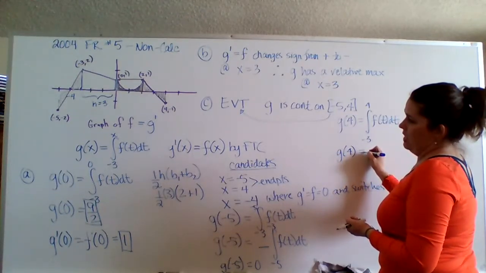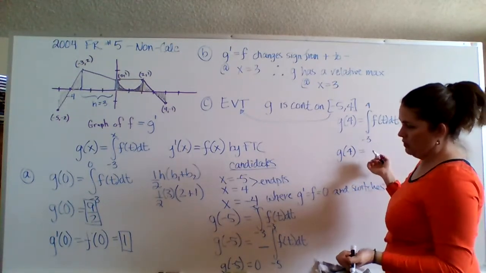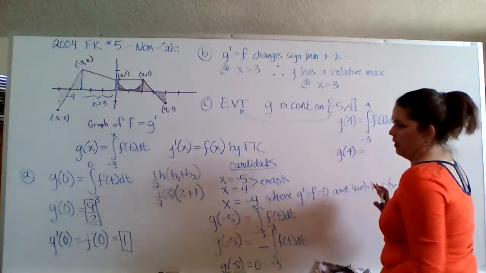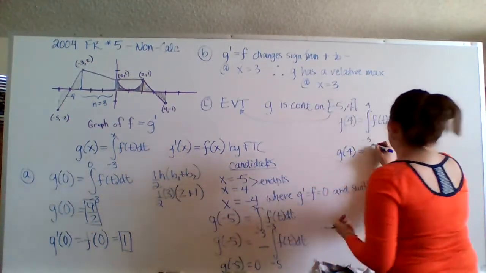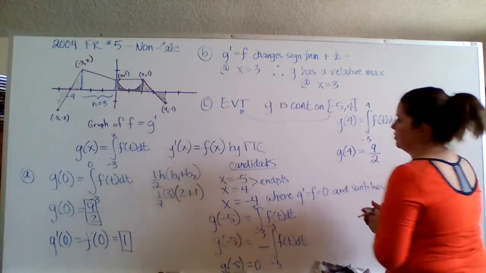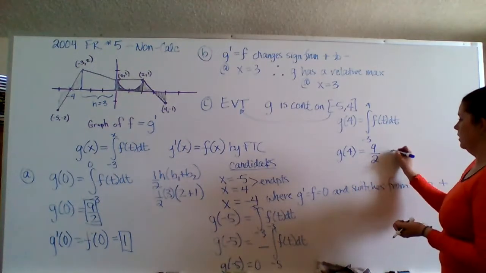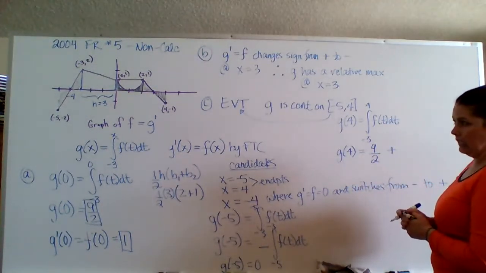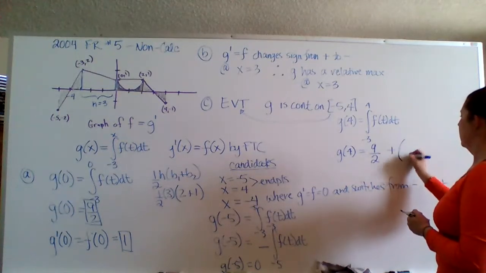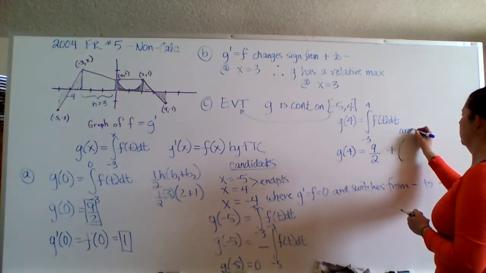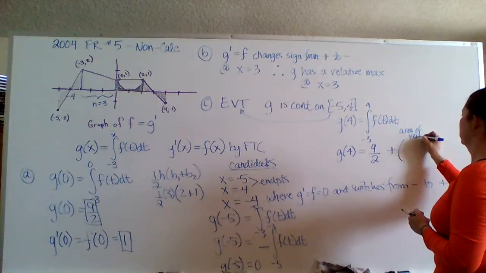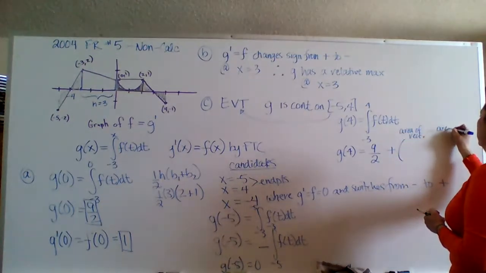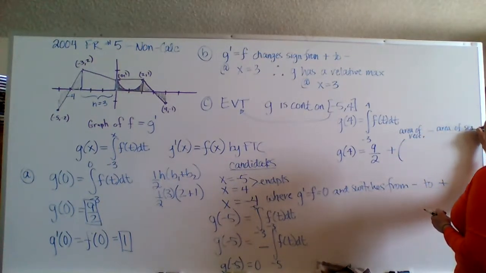So G of 4 is going to equal our trapezoid part first. Its location was above the x-axis. We already found that answer in part A, which was 9 halves when I went ahead and reduced it all. The next part is still above the x-axis, so I'm still going to be adding, but to get that next part, I'm going to use some parentheses and say, it's the area of the rectangle minus the area of the semicircle.